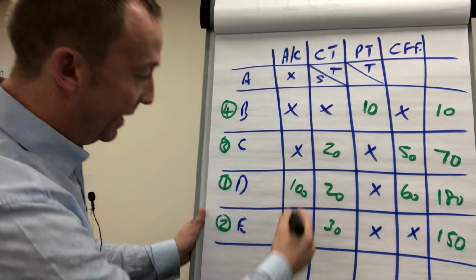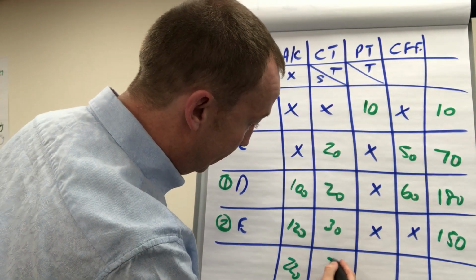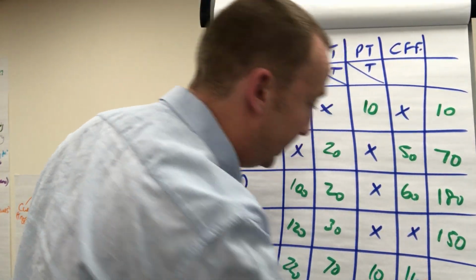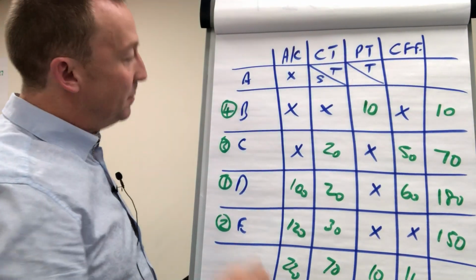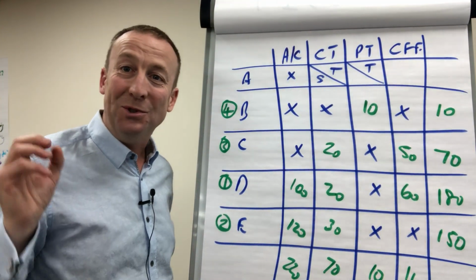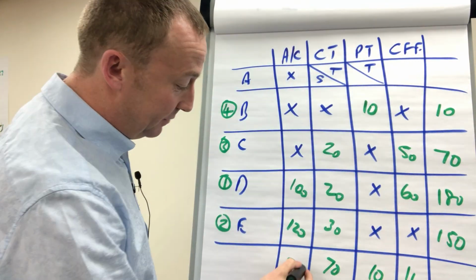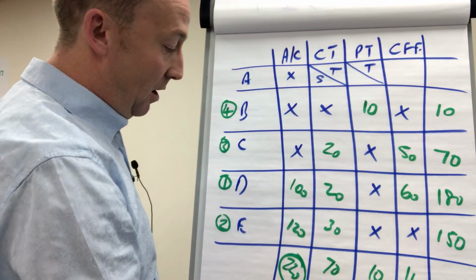Now coming down the page, we've got here 220, we've got here 50, we've got 70, 10, and then 110. This way down the page vertically helps you work out where to spend your marketing budget. So obviously on here we've got a possibility of generating £220 extra by working on accounts.